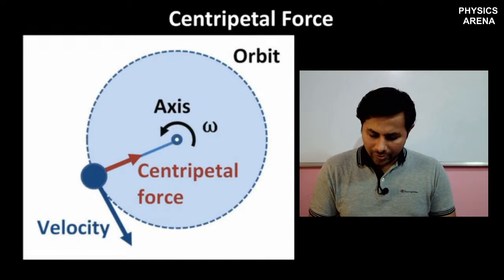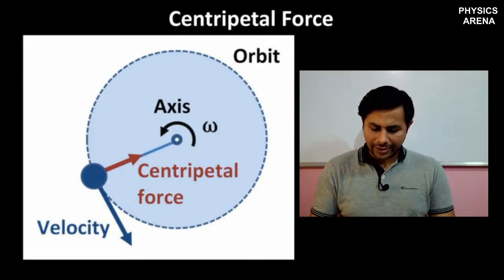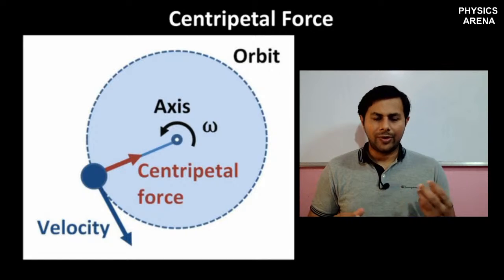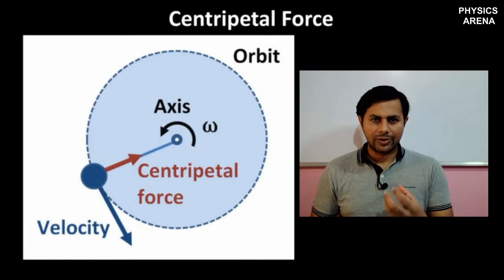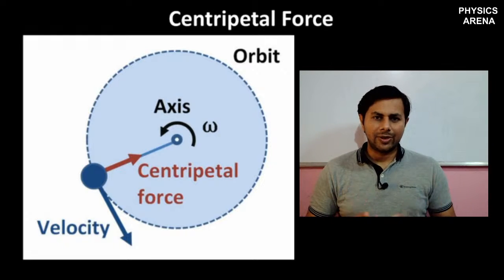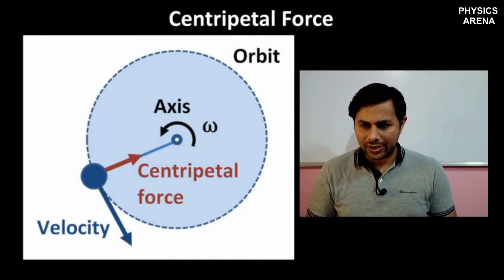For an electron revolving in an atom, the centripetal force is the electrostatic force of attraction between the nucleus, which is positively charged, and the electrons. So centripetal force is a real force, and its cause can be traced. I hope centripetal force is clear.